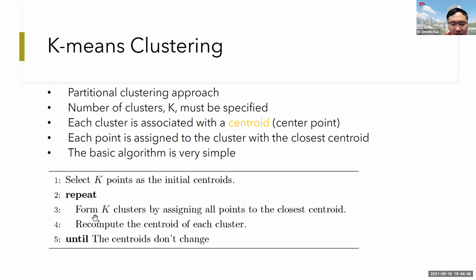You assign all the data into K clusters based on the distance between the data points and the centroids. Then next, you recompute the centroids of each cluster after the assignment of the data points is complete. All right. You repeat these two steps until the centroids don't change. That means the algorithm converges and you stop there. Okay. You won't make any modifications. Okay.